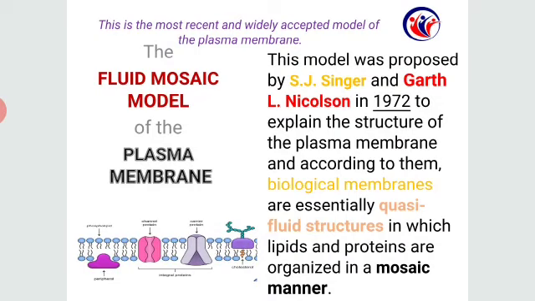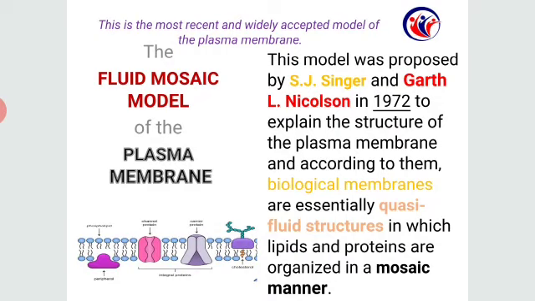So for him, through experiments, he concluded, no, this membrane is made up of only lipids. However, 20 years after his postulation, it was found that in the red blood cells, proteins were as well present. So that one overturned the other gentleman's model.